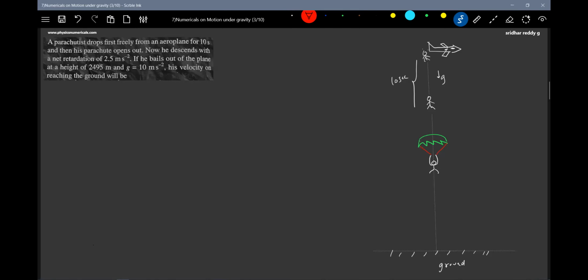Okay, now he's going to descend. So his retardation will be how much? Let me call this acceleration a1, and this retardation 2.5 meters per second square. If he bails out of the plane at a height of, this is the height at which he will bail out.